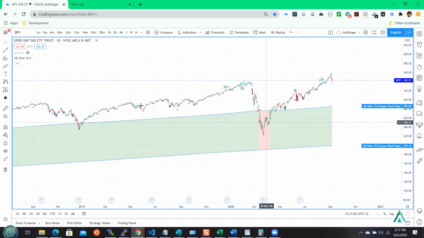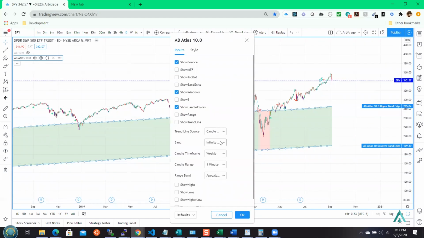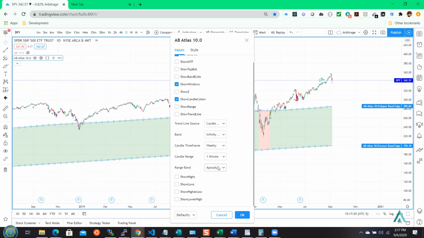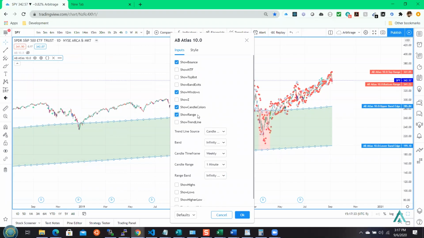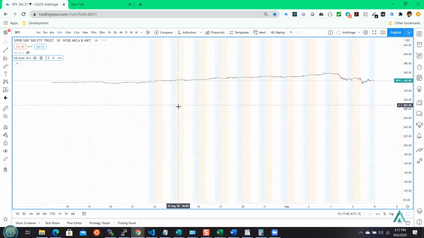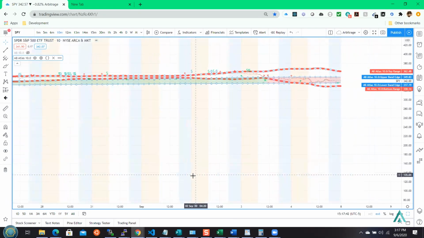Also, inside this, what else did we add? Oh, we added the infinity band to the range as well. So if you aren't familiar with range, about a month ago or so I released, I think, 8.0 of this. All the even numbers are the major releases of the system.